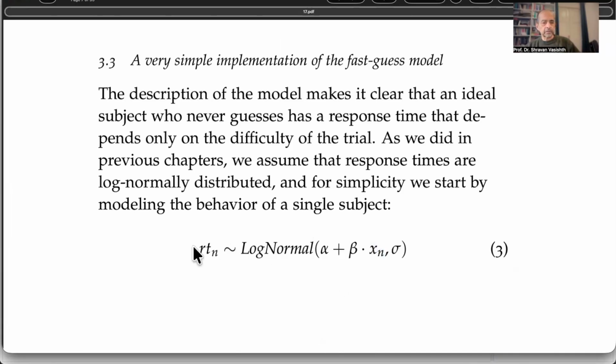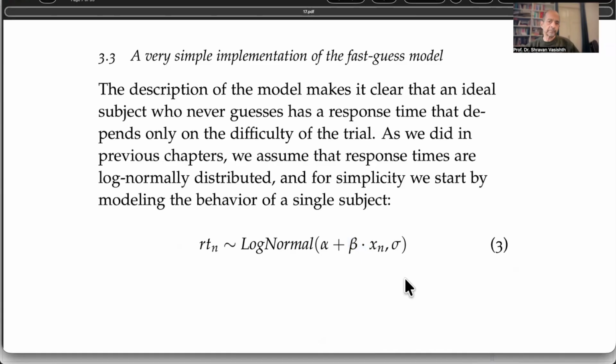And so the reaction time is going to come from a log normal with some grand mean and some sum-coded difficulty level plus minus 0.5, and the slope will tell us what the effect of difficulty is on the reaction time. So standard type of model that we've seen before. And of course, you can add hierarchical structure here, but we are ignoring that right now.